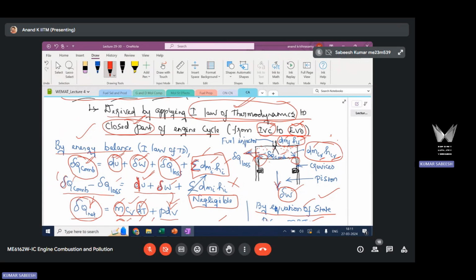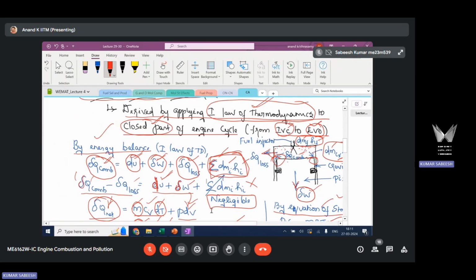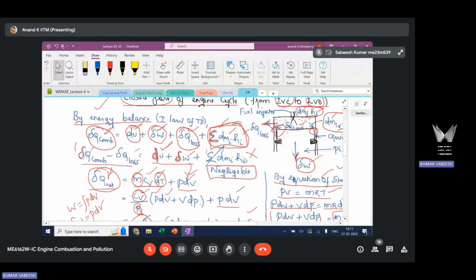Compared to the other three energy terms, this energy term is negligible, meaning that its magnitude is smaller compared to the other three terms. To simplify the case, we are ignoring that smaller magnitude of energy associated with the flow of mass into the control volume and from the control volume. So this is excluded, considering that its magnitude is low.